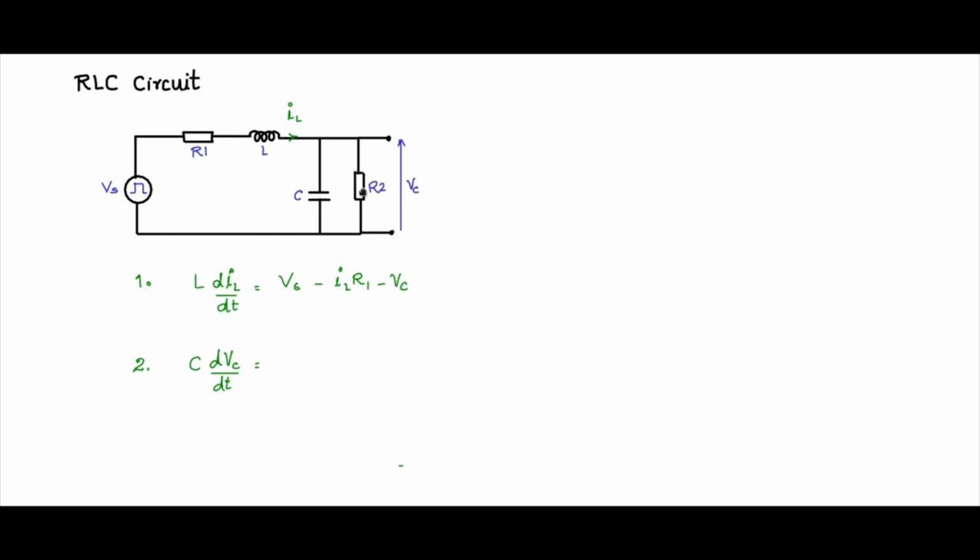So the current through R2 is nothing but Vc by R2. So we can just write it down: IL minus Vc by R2 will be C dVc by dt. So these two dynamic equations represent this RLC circuit completely, along with the input voltage spec. So state vector X is nothing but IL and Vc. So these are the state variables.